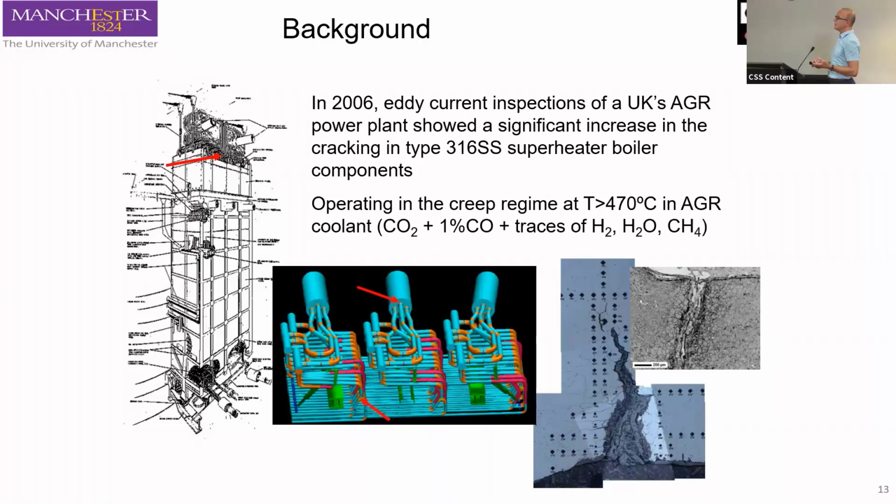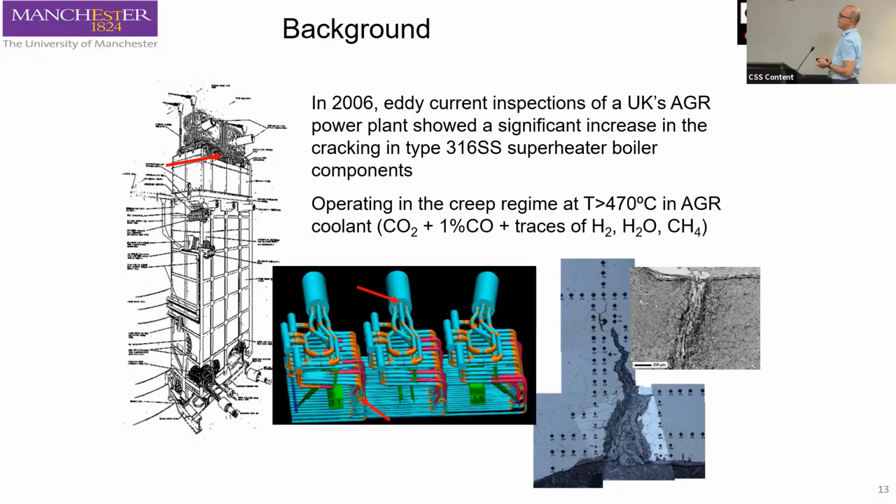And the carburization has been associated with some early stages of crack propagation in the superheater boiler components. Here we have a schematic of one of these superheater boilers.